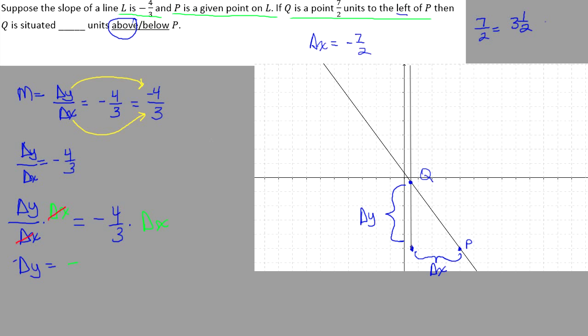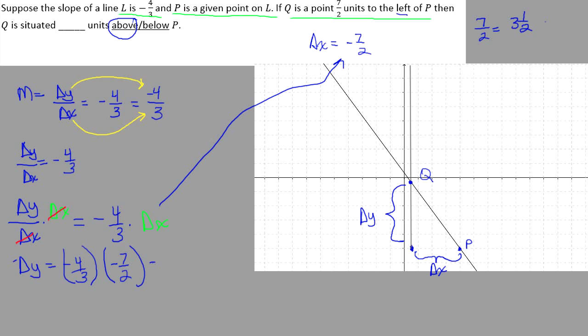But we also know, and I'm going to recopy the minus 4/3 here, and I'm going to put parentheses around it to show the multiplication. We know that delta x is actually minus 7/2. So minus 7/2.